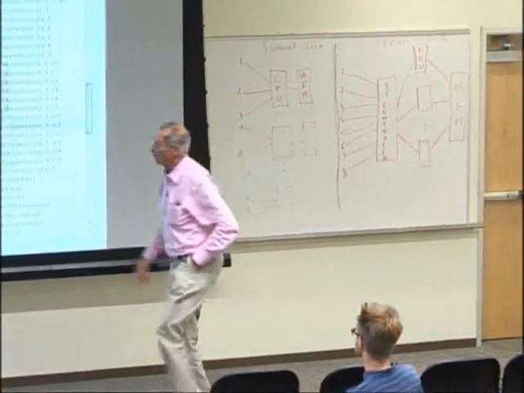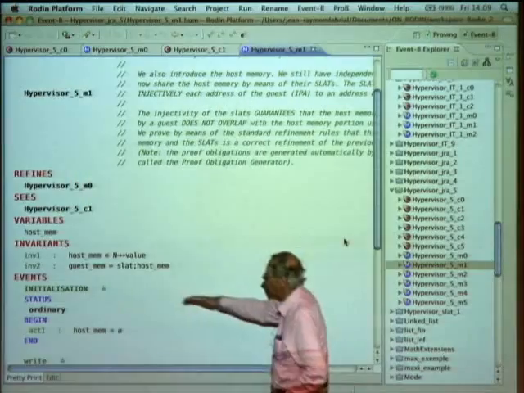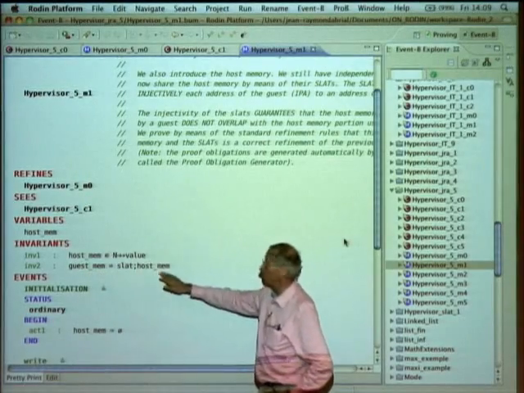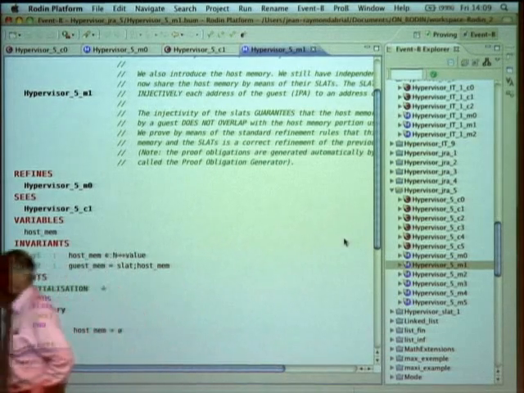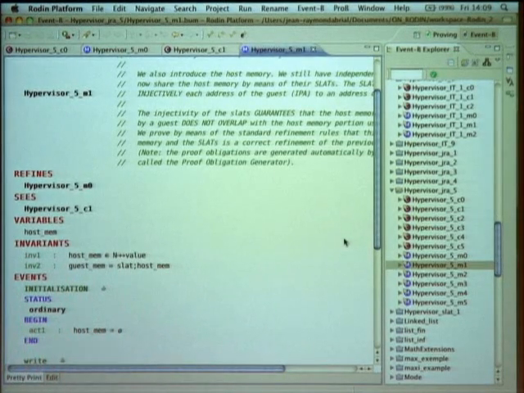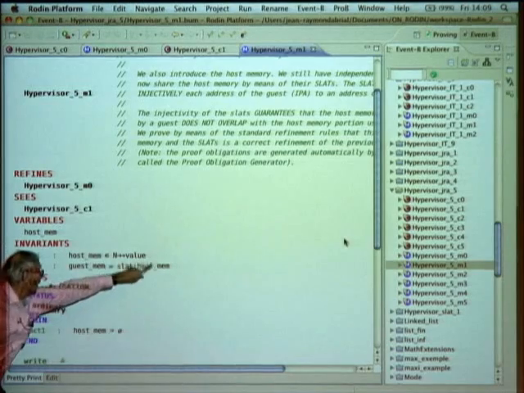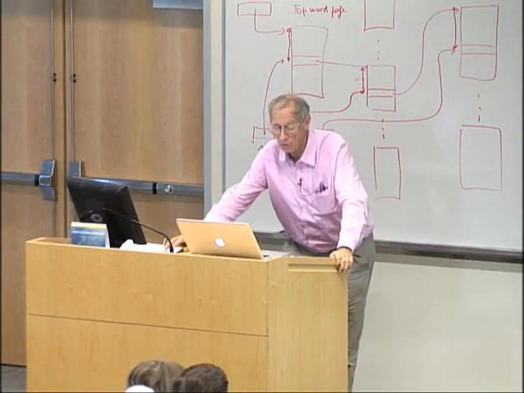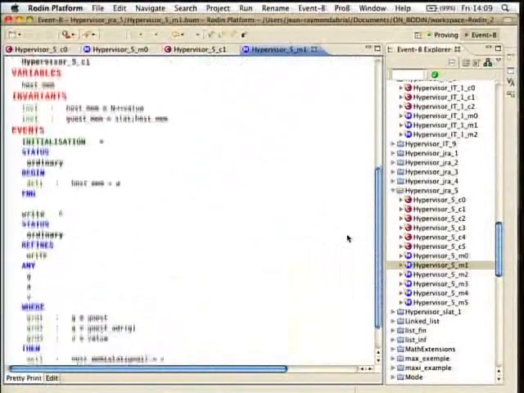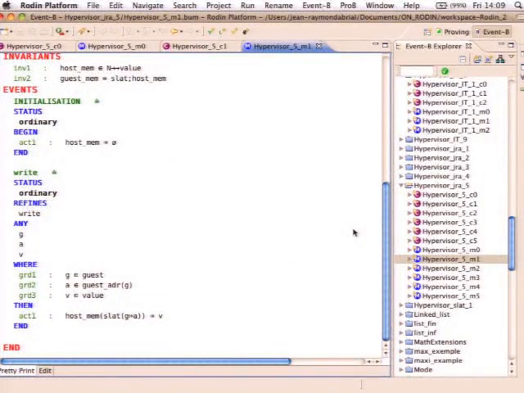We have here a gluing invariant that is gluing the guest memory to the host memory, and it is very simple. It is just the functional composition between the slat and the host memory. And because the slat is injective, all the parts that are in the host memory for a certain guest are different from those of other guests.